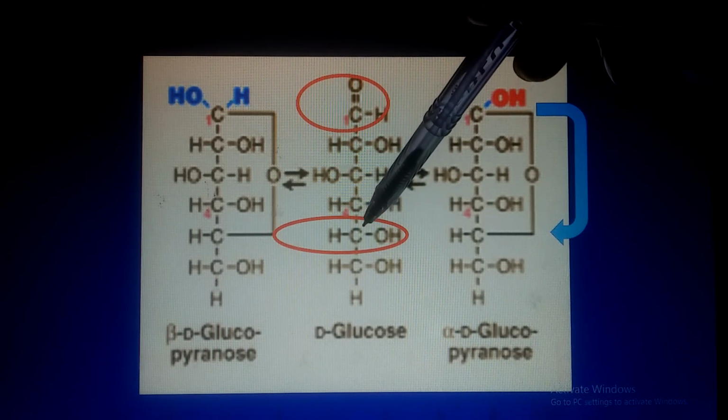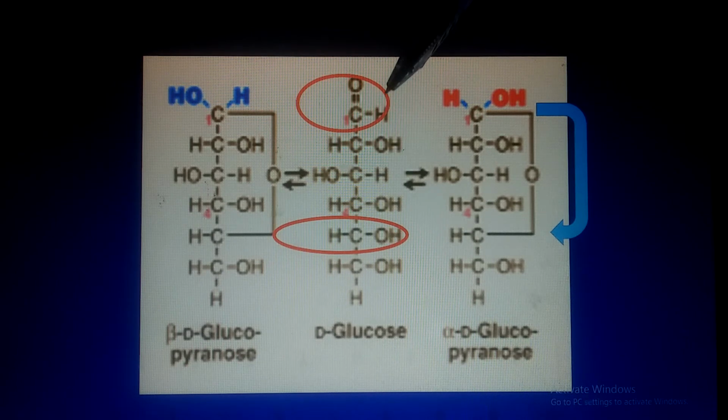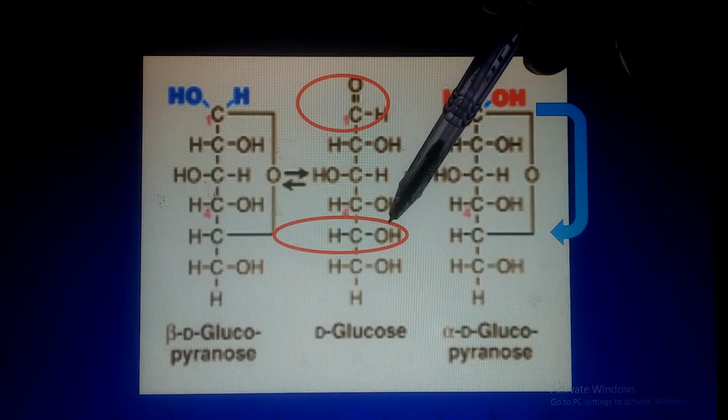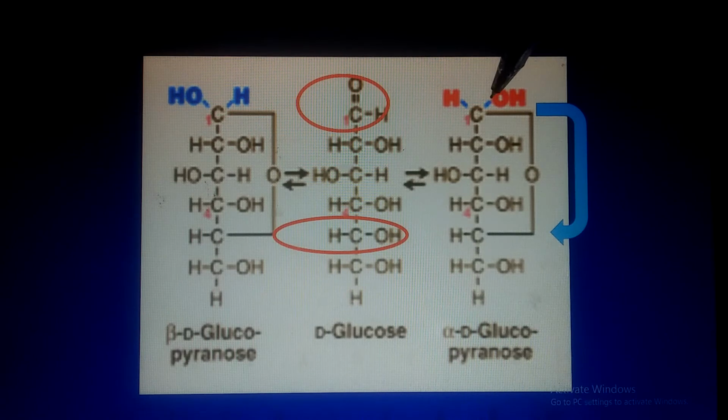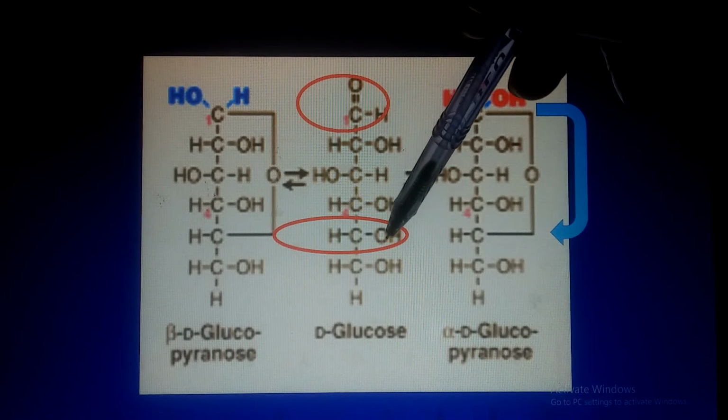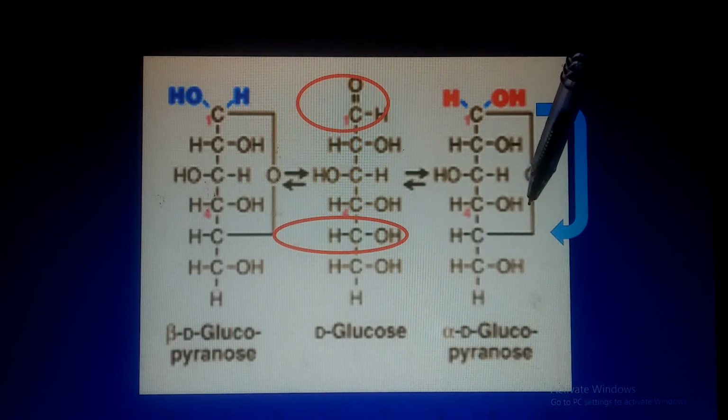At carbon number 5, the ring is produced by the reaction or by joining the carbonyl carbon with carbon number 5 of the same sugar. Now this H moves towards this O and produces the OH, and this O forms the bridge for the cyclic form of the sugar. Is it clear?